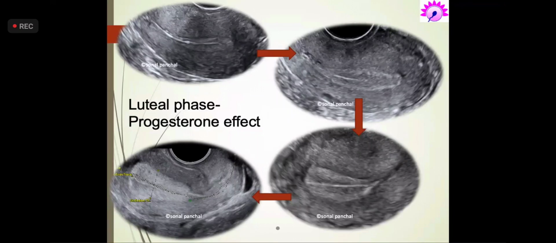In cases of IVF, it means that the agonist is not working well, otherwise the LH would not start and the fluffiness of the endometrium would not occur because the progesterone would not rise.